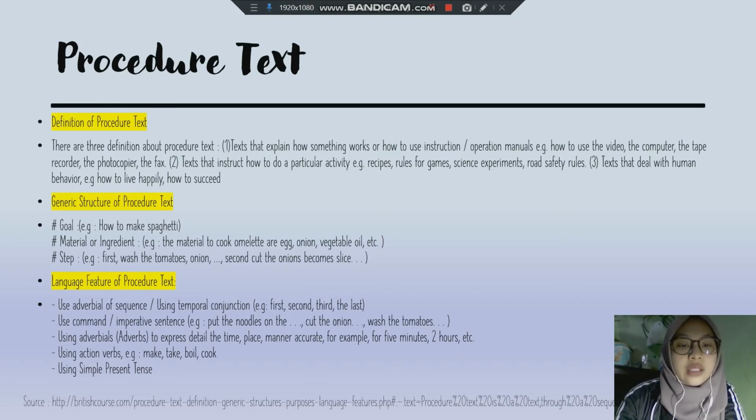Using adverbs to express detail of time, place, manner, accuracy, for example, for 5 minutes, 2 hours, and many more. Or using action verbs. Example, make, take, boil, cook, and others. And the last, using simple present tense.